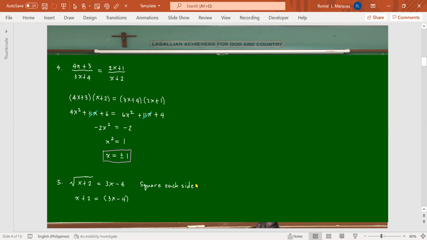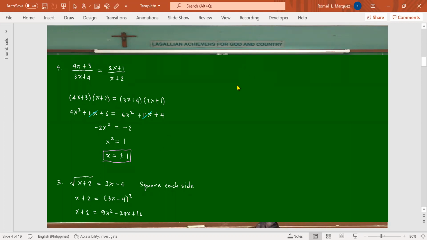Okay? So the right side is quantity squared. So expanding the right side, we get what? So what is the right side, guys? 9x squared minus 24x plus 16. Am I correct? Yes, sir.